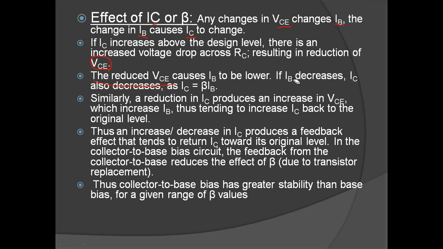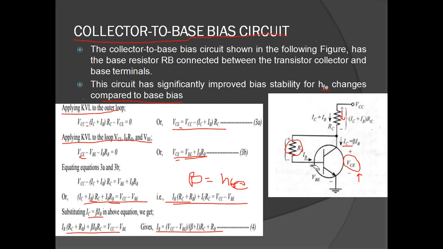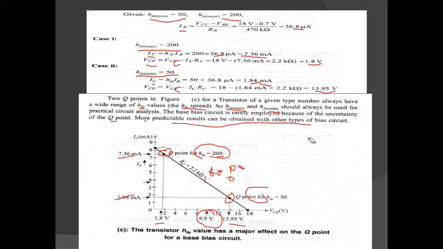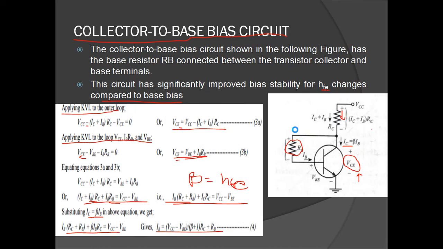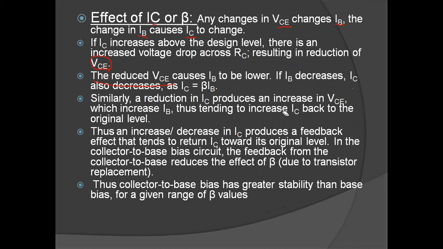If IB decreases, IC also decreases, as IC is equal to beta IB.